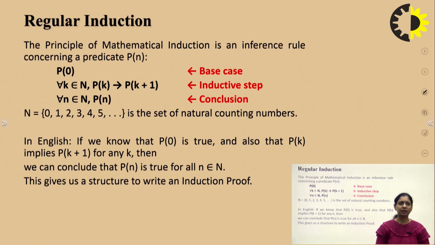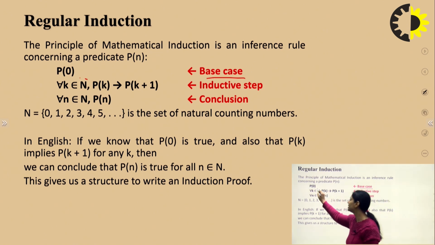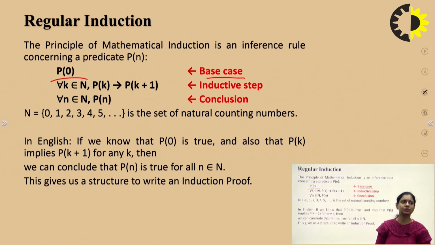When we talk about regular induction, we have 3 main steps. The base step talks about step 0, that is P0. The next step is the inductive step, which says that I am at step k and now I am going to prove it for k plus 1. The base case here is P0, which we consider to be true.